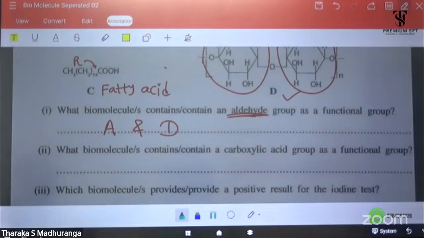No, D also has alpha glucose there. Then alpha glucose contains alpha.